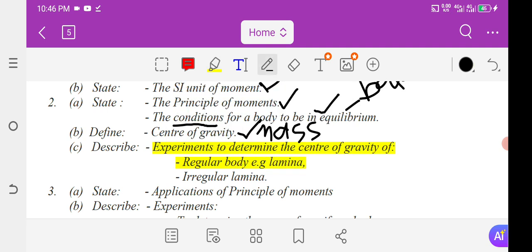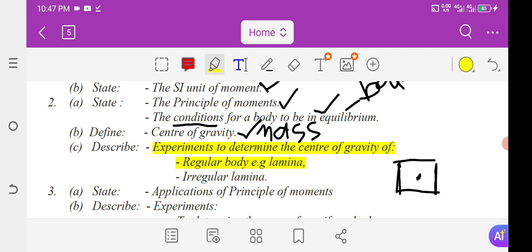Remember, a lamina is a flat body. Let's say we have something like a cardboard from a carton, cut out in this shape, and you want to determine where it is going to be balanced.